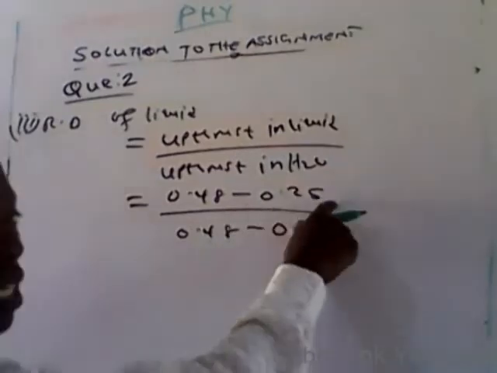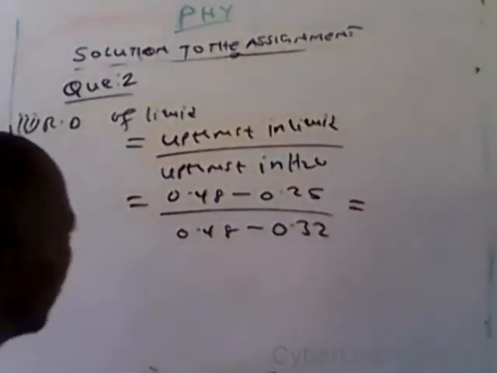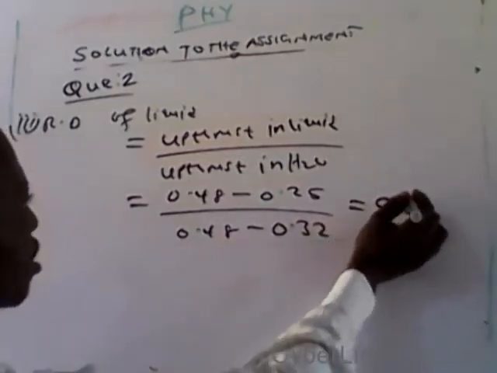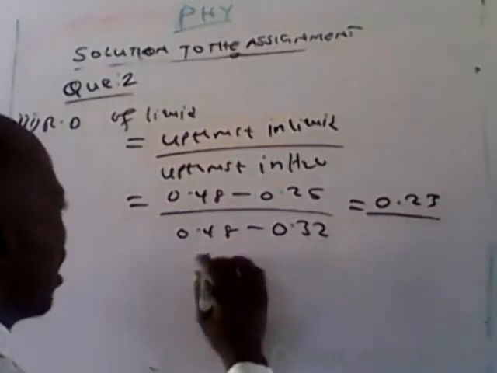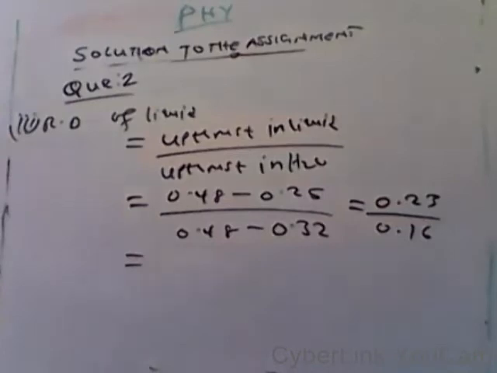This is upthrust in liquid and this is upthrust in water. So if we find this, it is going to give me 0.23 and this one is going to give me 0.16.